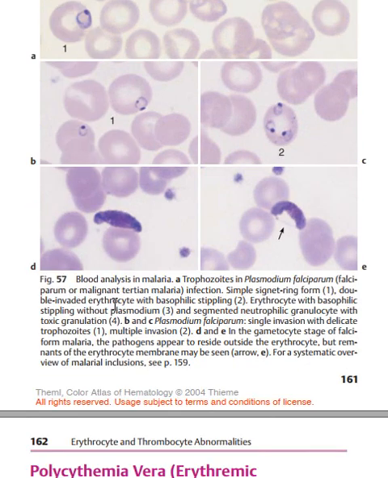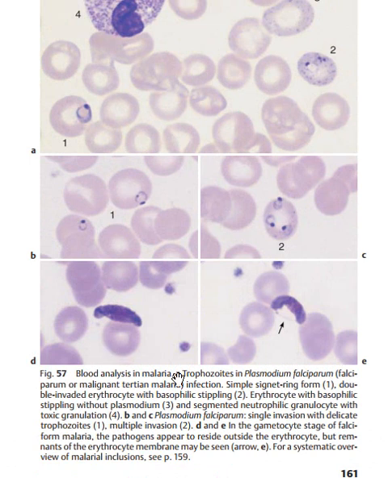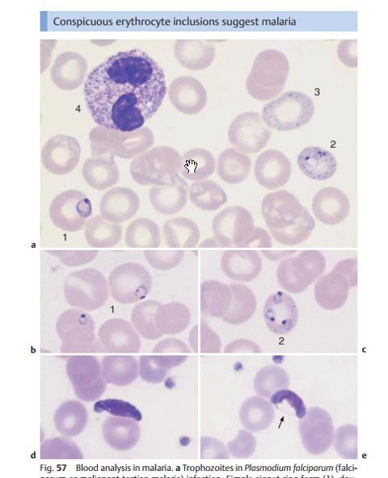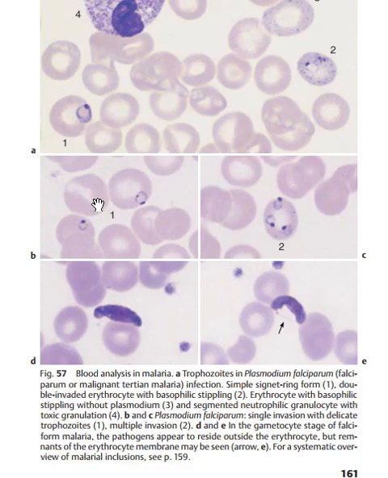Now this is now the blood analysis of malaria. You have trophozoites of Plasmodium falciparum that you can visualize in diagram A. You have malignant tertian malaria infection. Now the next one, so we see diagram 1.